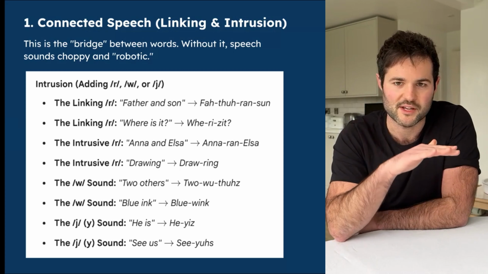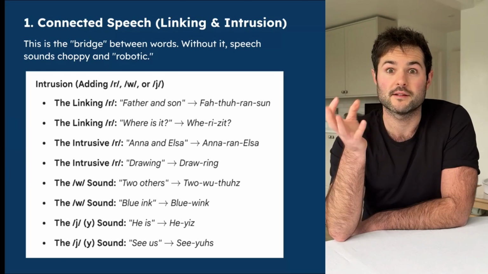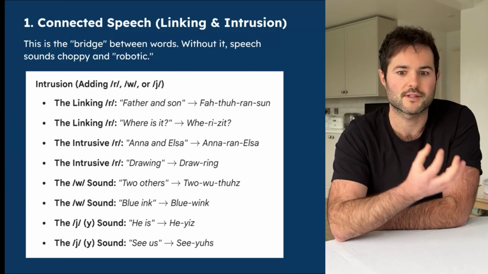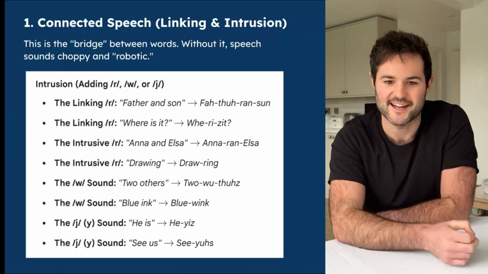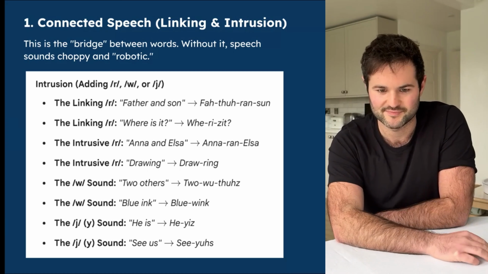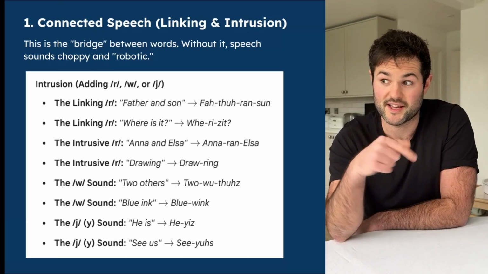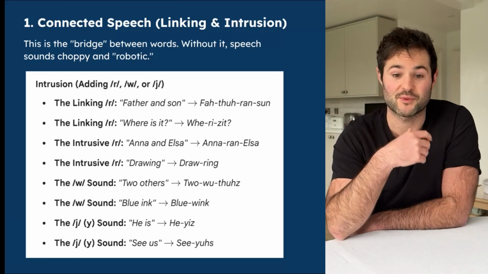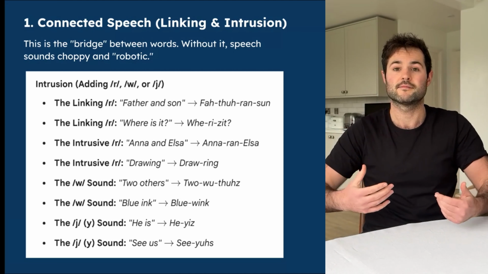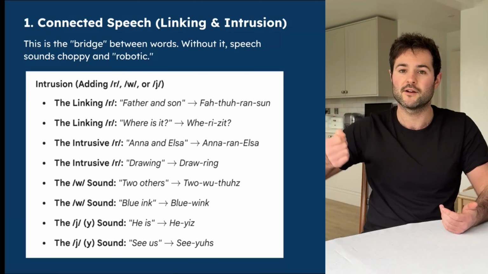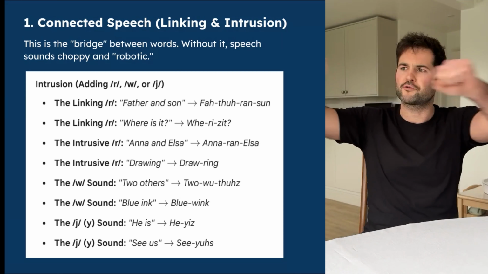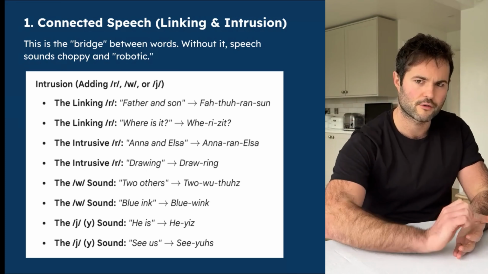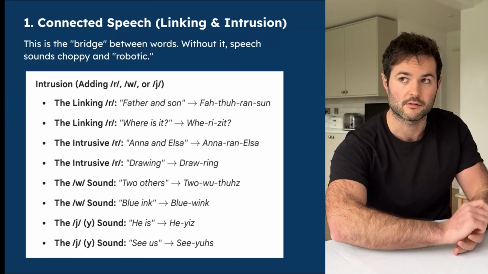So there's no R when you write it down, but it appears, and it's very intrusive when it goes there. The other one is the one I gave as an example, which was drawing. To make it flow better, we have draw-r-ing. I'm drawing the curtains. I'm drawing a picture of my face.